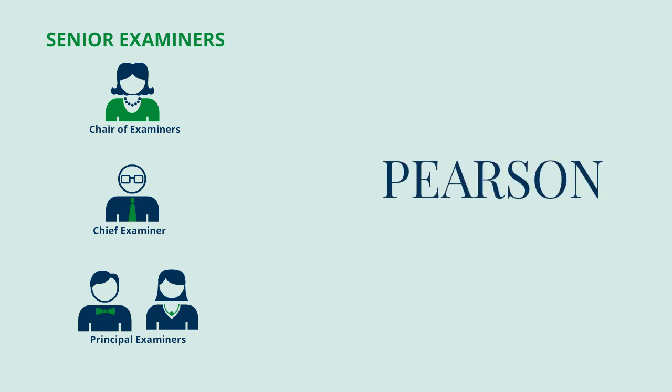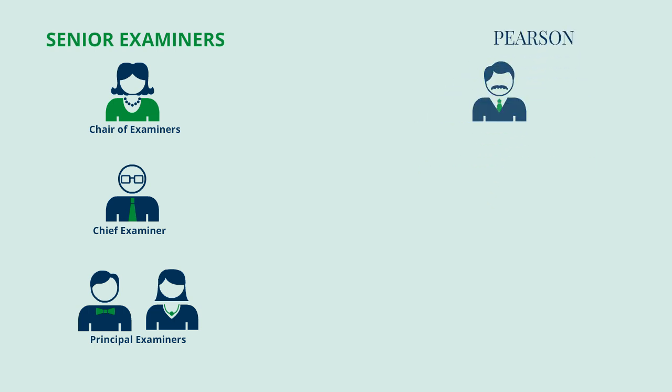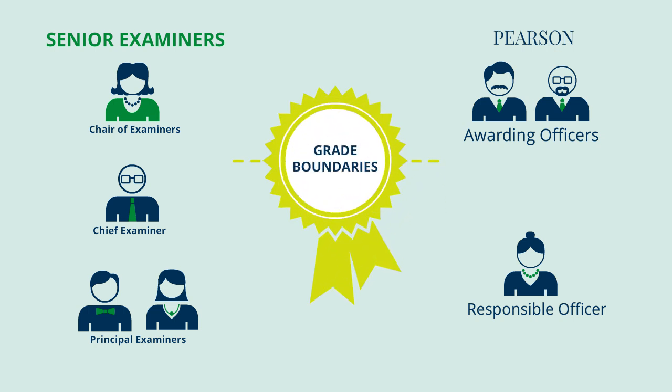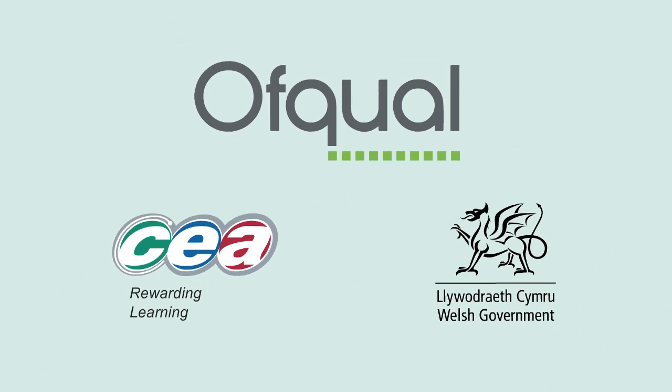There are also internal Pearson staff, including awarding officers who work with the experts to review the evidence which informs where grade boundaries are set. A responsible officer at each awarding organization is ultimately accountable for all final grade boundary decisions. The whole process is monitored by Ofqual, the qualifications regulator.